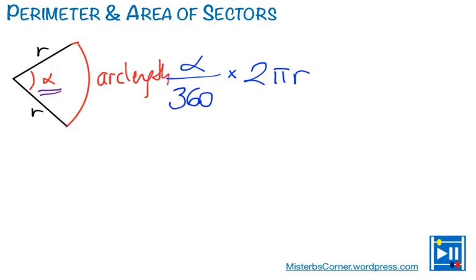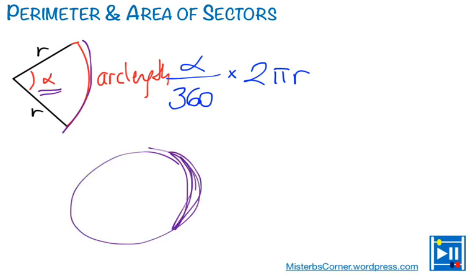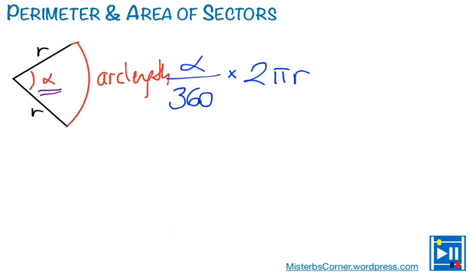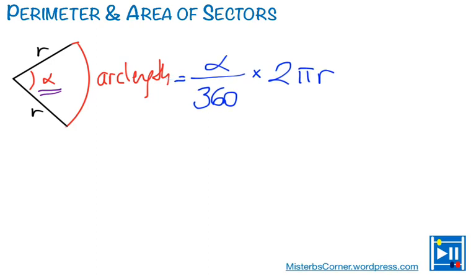Which is this length. This is not the full circumference, it's just this bit, whatever that angle is, of the circumference. So basically, I'm calculating a fraction of the circumference. So if the arc length formula is this, then now I can calculate the arc length.